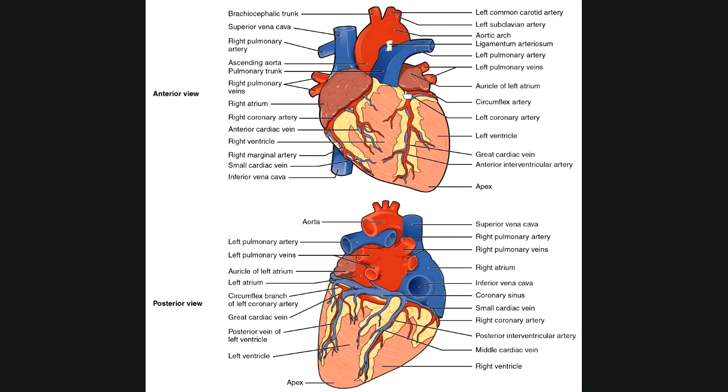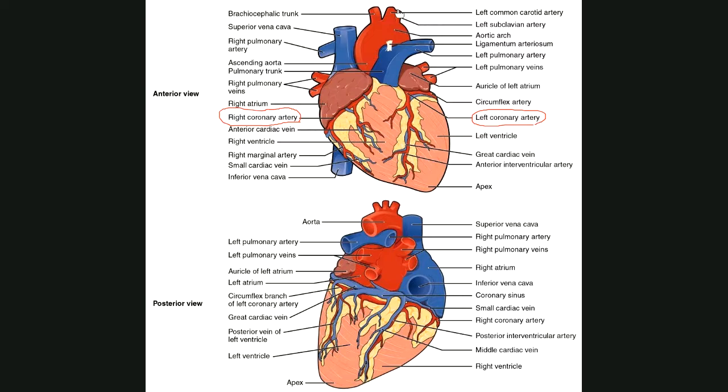So, right coronary artery, let me label it for you. Right coronary artery and left coronary arteries are the first arteries which come out of our ascending aorta.